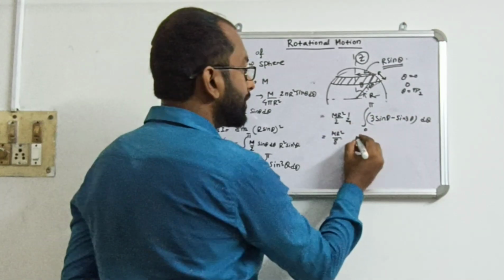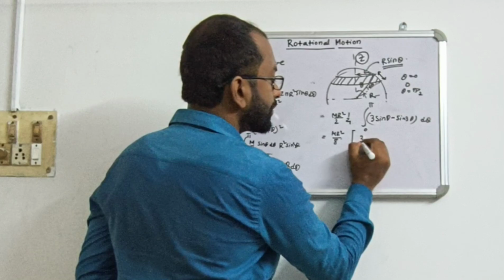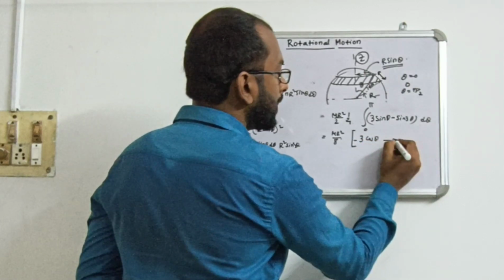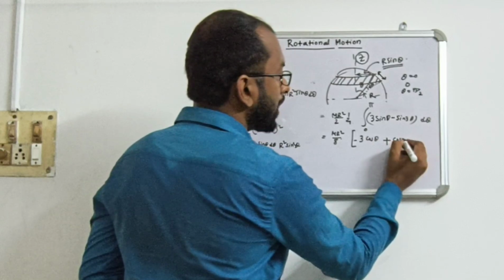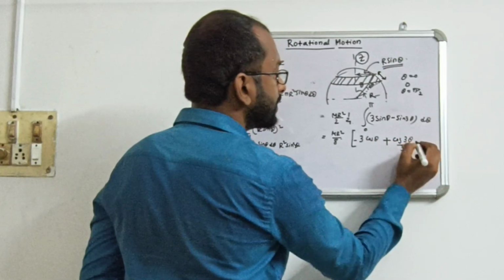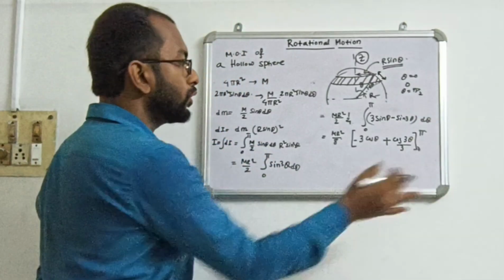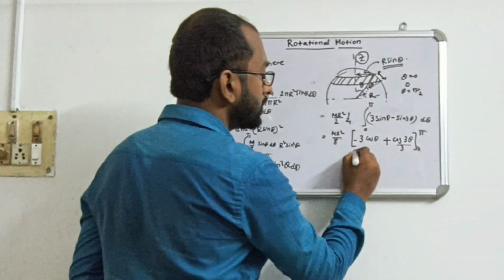The integration of 3 sin theta d theta is minus 3 cos theta, and it will be plus cos 3 theta by 3, from 0 to pi. We'll put the values.